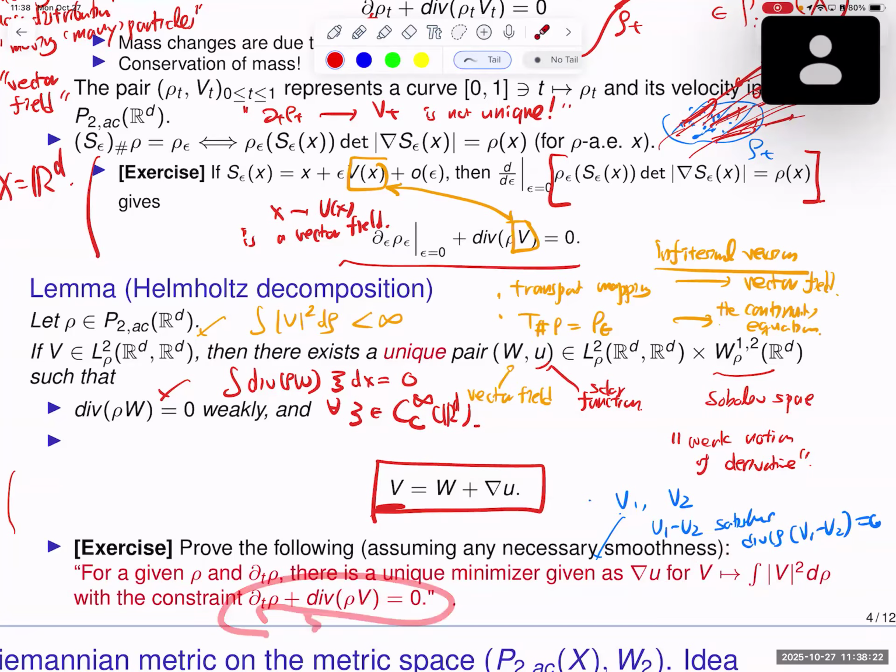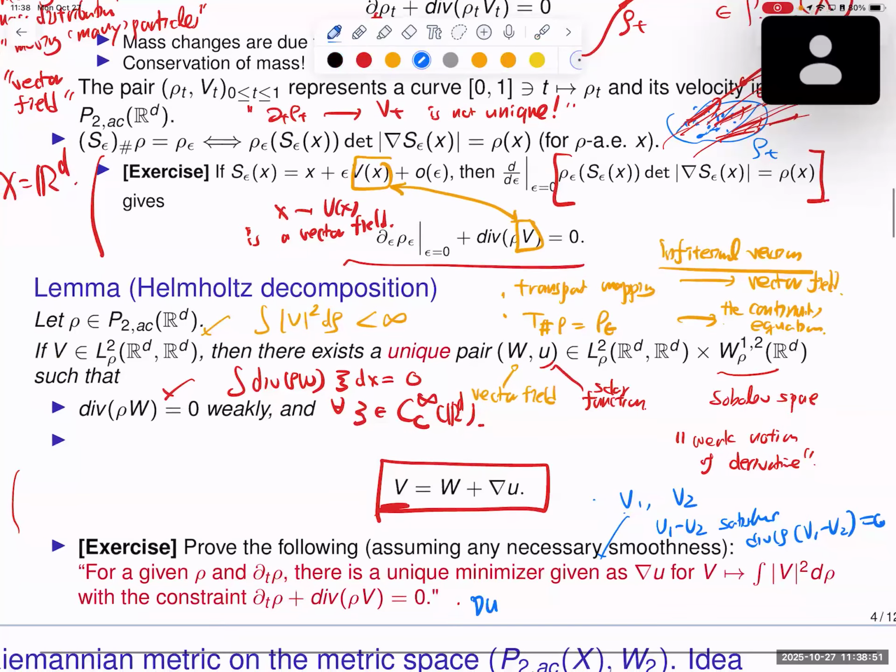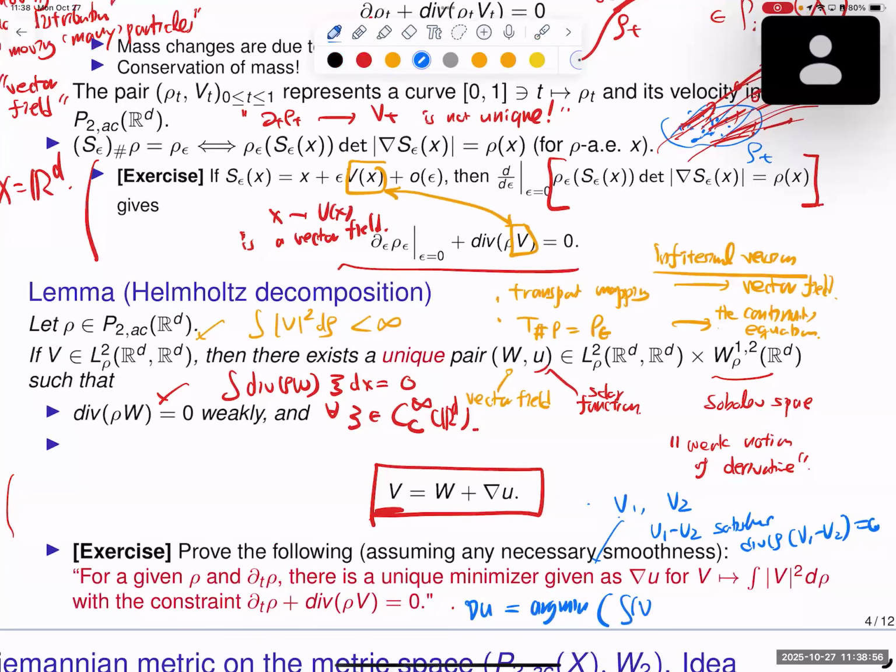And then you can consider this set of vector fields satisfying this equation, given this partial t rho, and you can view this as a functional, your objective function. Then your minimizer is given by the gradient of some function. In other words, gradient u is the argmin of this thing subject to this constraint.